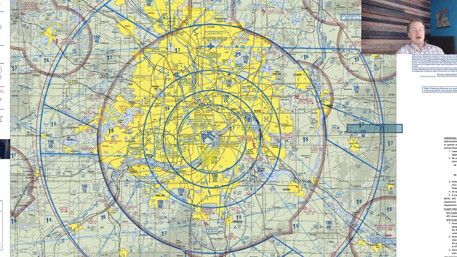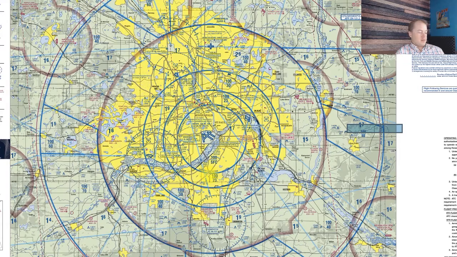These are always in hundreds of feet MSL, so you're going to add 2 zeros to these numbers all the time. If we go to the next ring to the south, that's everything inside here. Take a look at these numbers. Well, here, the floor of the Class B airspace starts at 2,300 MSL, and the ceiling still goes up to 10,000 MSL.